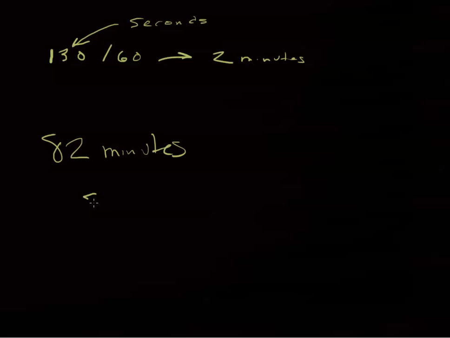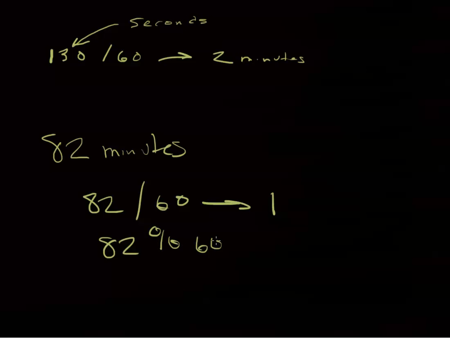Well, it's the same process. We would do 82 divided by 60. Now, the 60 doesn't represent the seconds in a minute. It represents the minutes in an hour, but it's still going to give us the same answer. The 82 mod 60 is still going to give us the 12, but this is the remaining minutes, and this was the hour. And so we can use the same setup as before.